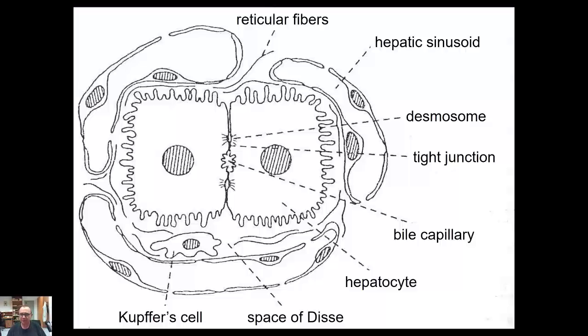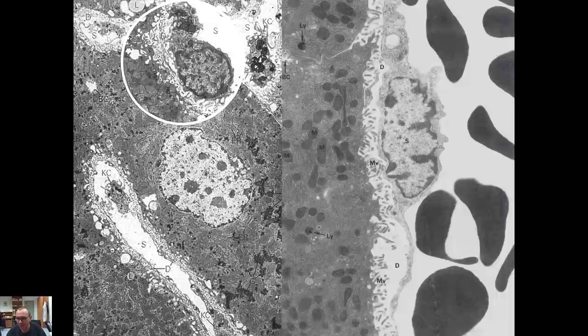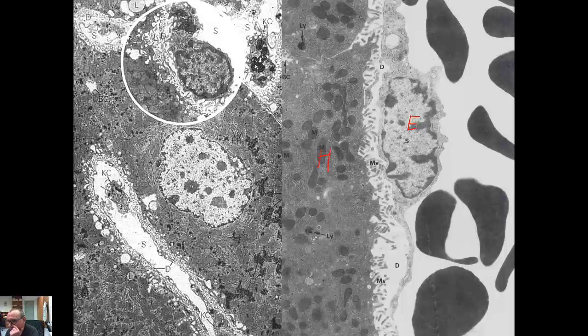If you use the electron microscope, at first, I'll go back to this schema. You can see what is between the sinusoidal endothelial cell and hepatocyte. Between the sinusoidal endothelial cell and hepatocyte is almost nothing. There is a small space.